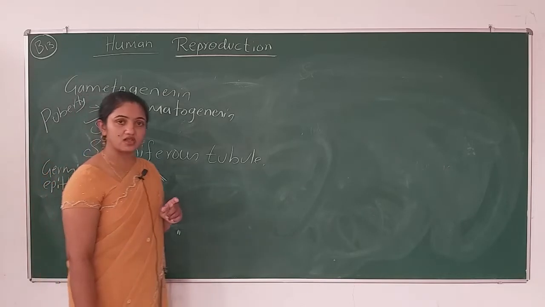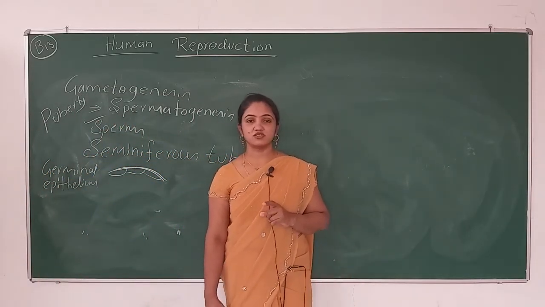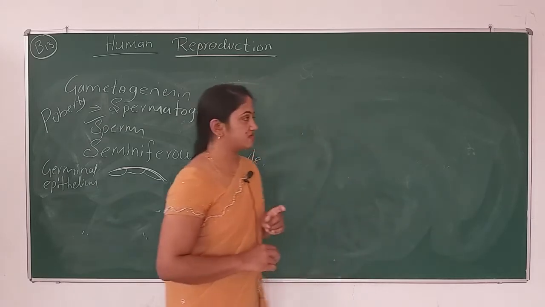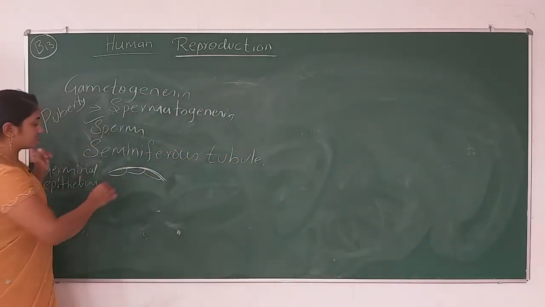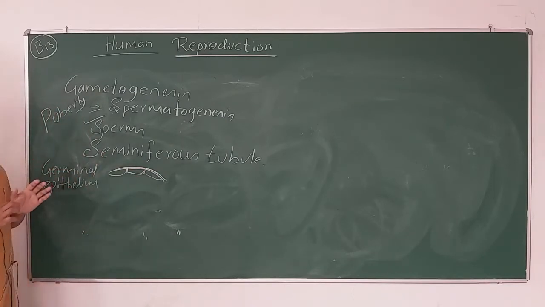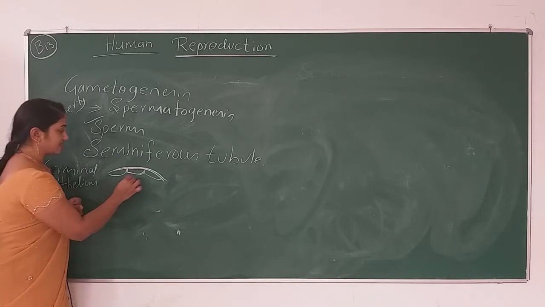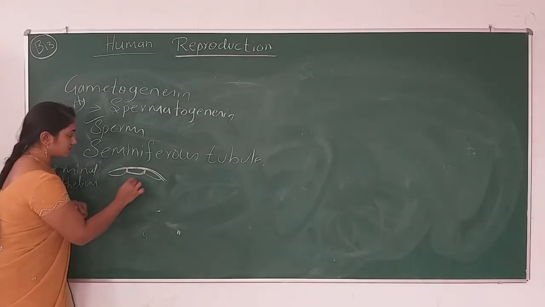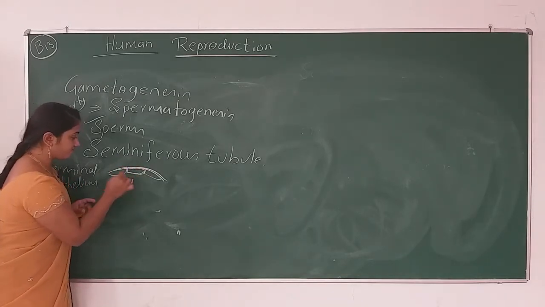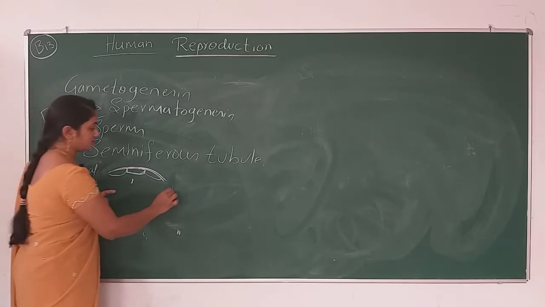Male germ cells help in the synthesis of sperms. Sertoli cells nourish the sperms. Consider this is one germ cell. I need only one germ cell here for the explanation. I will take this germ cell now. First, it undergoes multiplication.